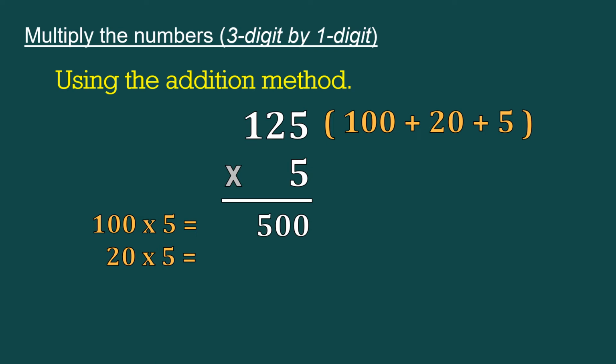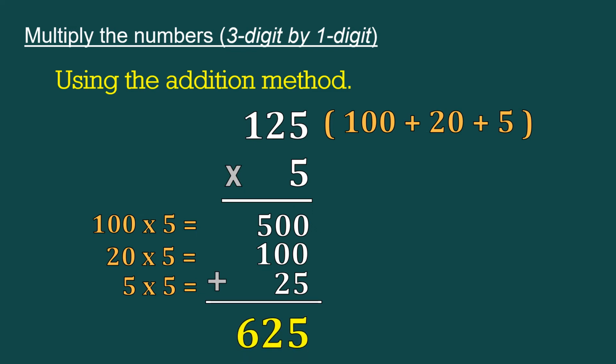Multiply 20 by 5 to make 100, and 5 by 5 to make 25. Then, add the partial products. 500 plus 100 plus 25 is equal to 625. The product of 125 and 5 is 625.